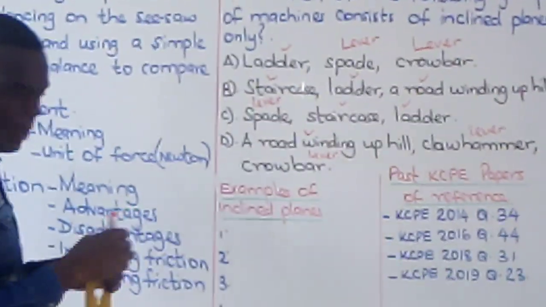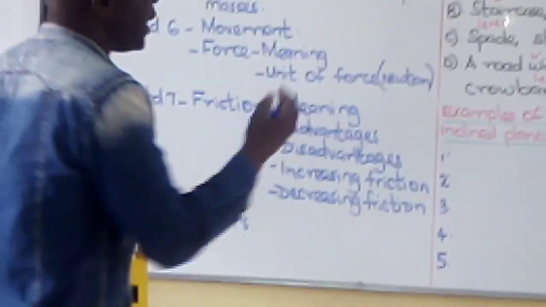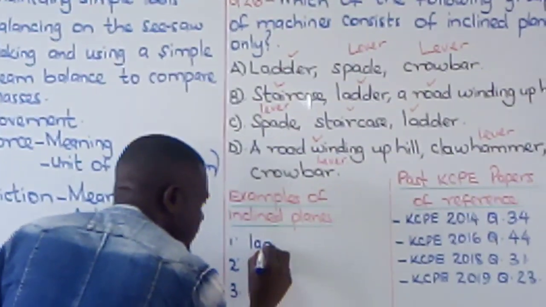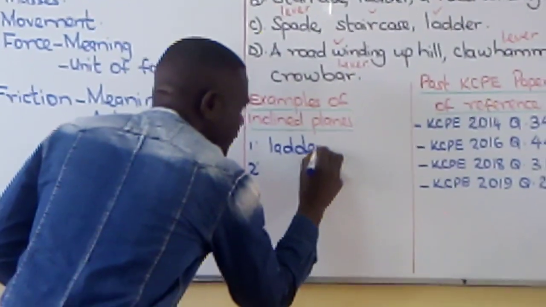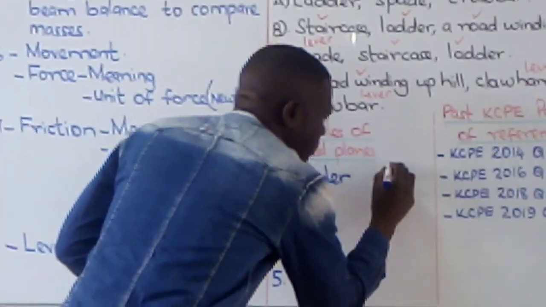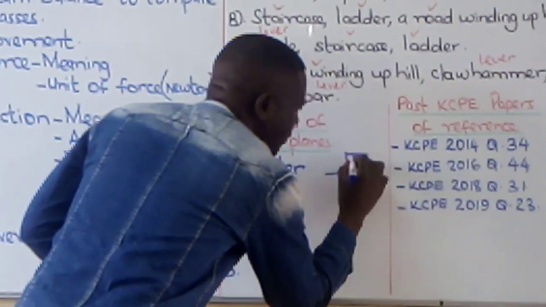Now, before we come up with the right answer, let us list down some other examples of inclined planes. As mentioned up there, we've got a ladder. For example, this is a wall, and that is the floor.